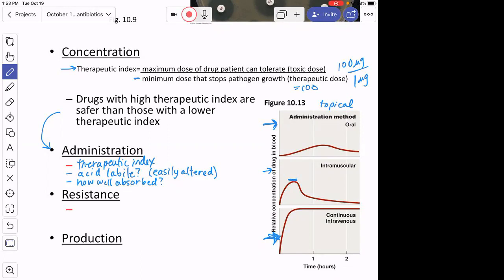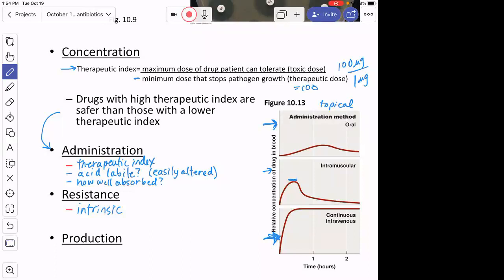You have to consider whether the organism you're trying to kill may be resistant to that drug, and resistance can either be intrinsic, and that means that it just doesn't have the structure that you're trying to target. So, for example, there's a genus of bacteria called Mycoplasma that don't have cell walls. Right, so if you're giving a drug that inhibits cell wall formation, that's not going to have any effect on the mycoplasmas.